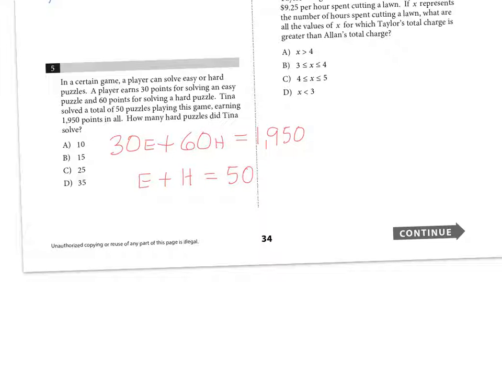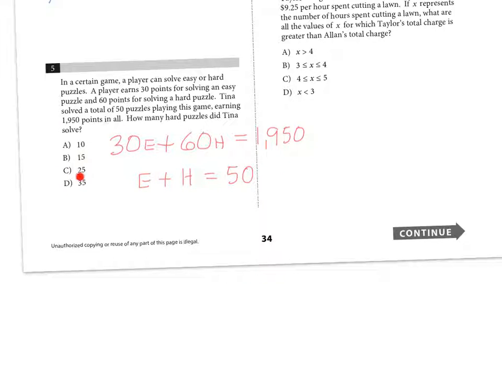Okay, well, I know that these numbers represent what? Easy or hard puzzles? Which of the two? Hard, right? So if I substitute the H for the hard, which is any of these numbers, then I can find out what E is.